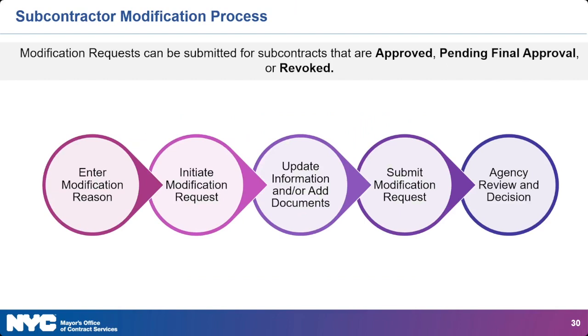Please note that modification requests can only be submitted for subcontracts with the status of approved, pending final approval, or revoked. Next, I'll show you a simplified overview of the process.